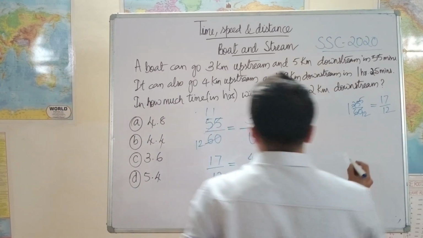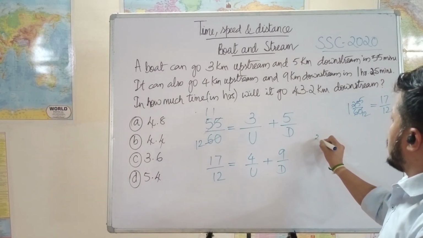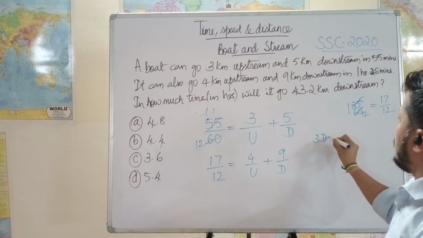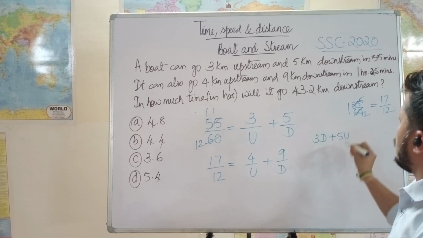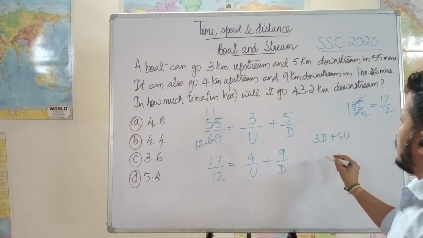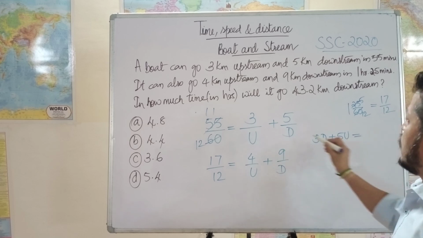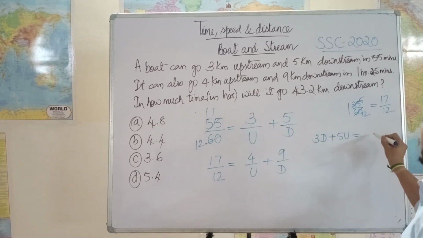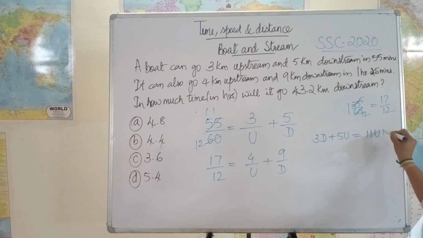So 3d plus 5u is equal to u into d into 11, right? 11ud.